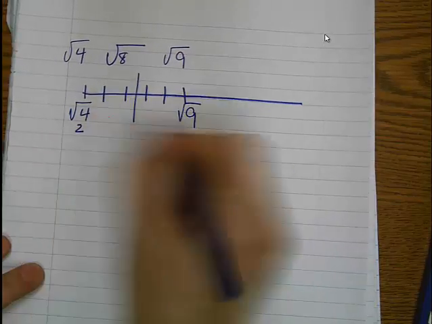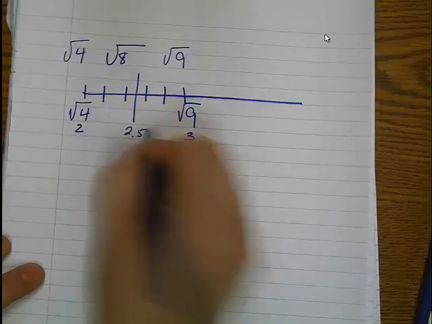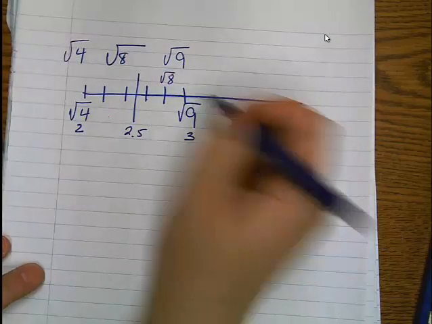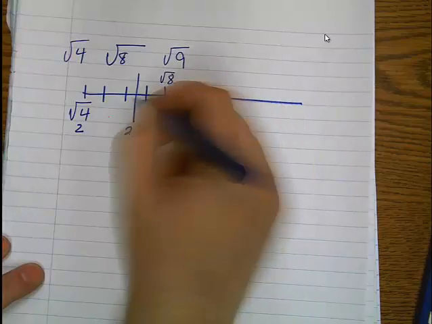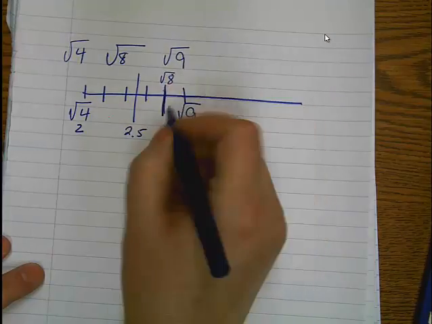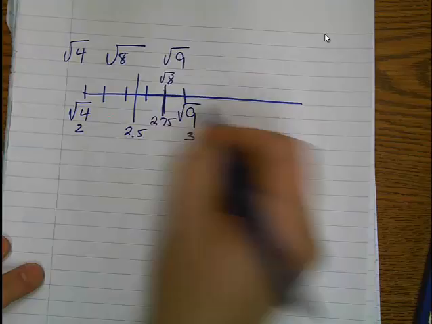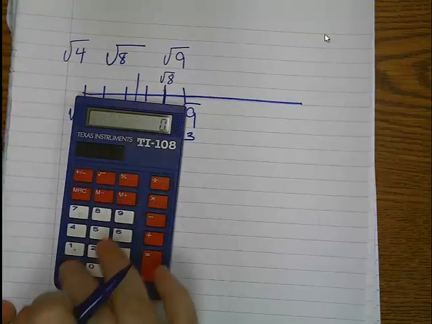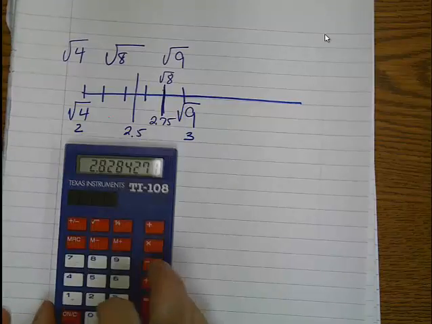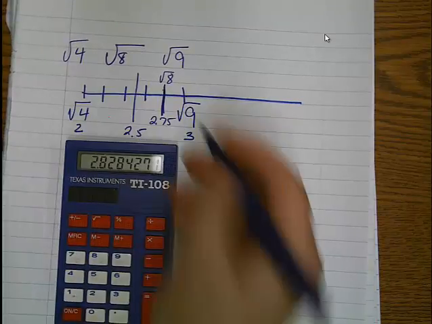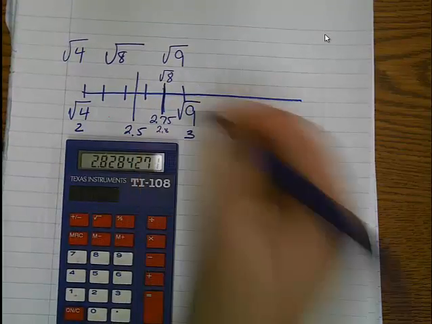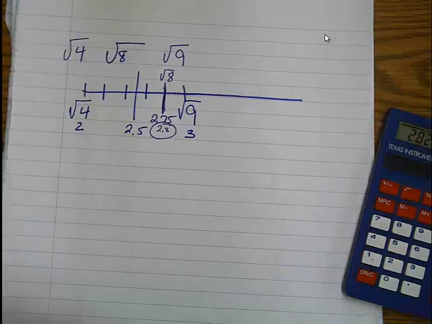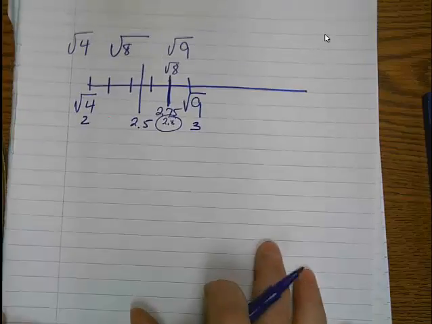So this is 2 and this is 3, so that'd be 2.5. And then the square root of 8 is right about there. So halfway between that would be about there. So that'd be 2.75. Well, let's see what it is. 2.8. 2.75 would round to 2.8, and that's about right. So 2.8 would be what you would put. All right, go ahead and hit pause and copy that down.